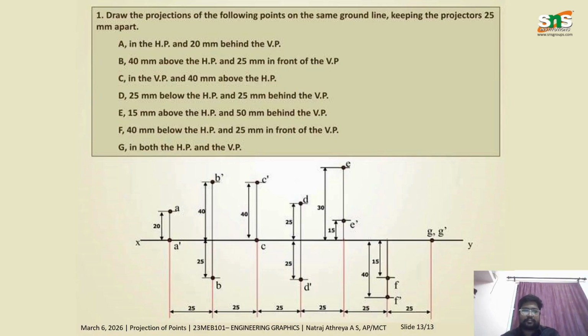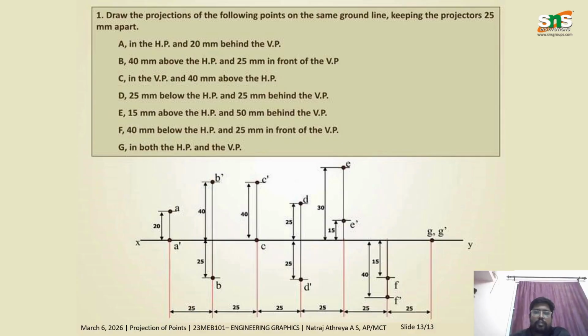Is it clear? I repeat again. For horizontal plane, if it is above, it is above, and if it is below the HP, it is below the reference line. And if it is in front of VP, it is below the reference line, as it is opposite.